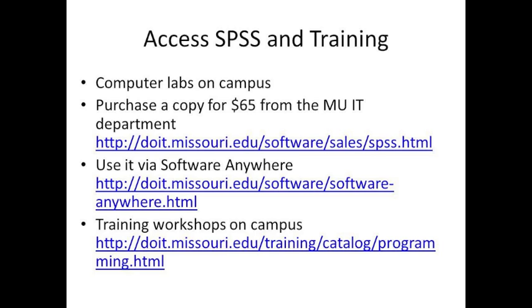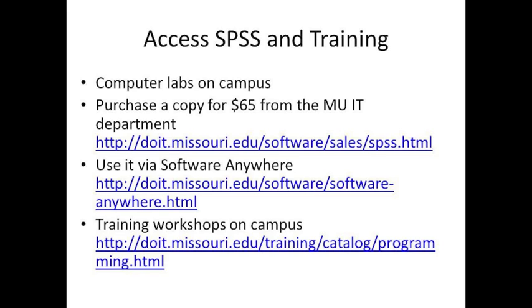So SPSS is quite useful. And luckily, we have different ways to access SPSS on campus. As far as I know, all the computer labs on campus have SPSS installed. So if you are on campus and decide to use SPSS, you can go to a computer lab and use SPSS from there.